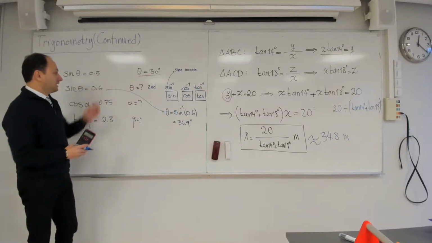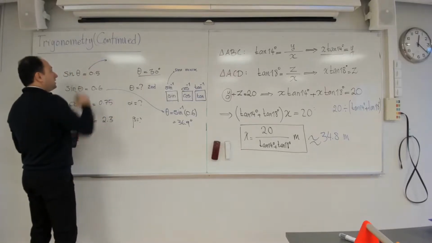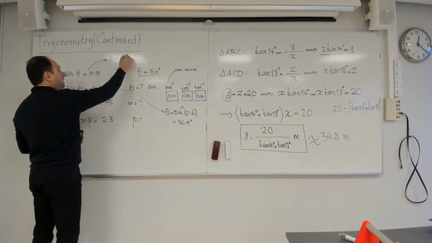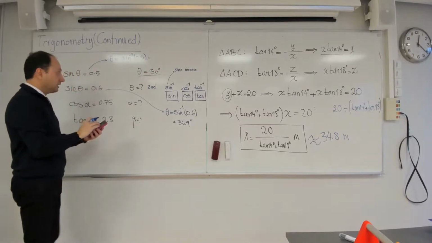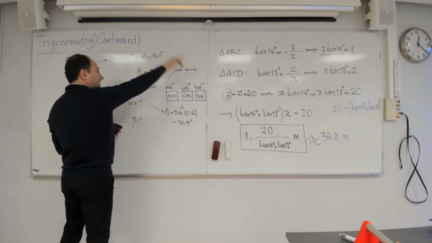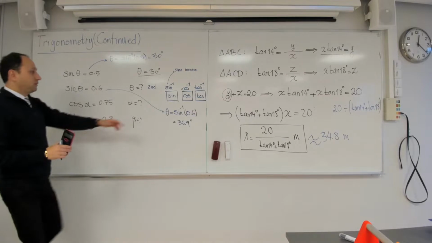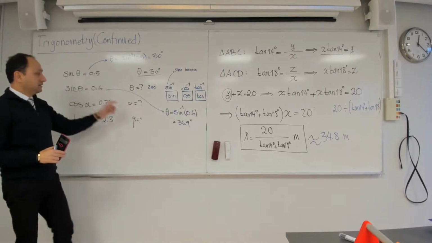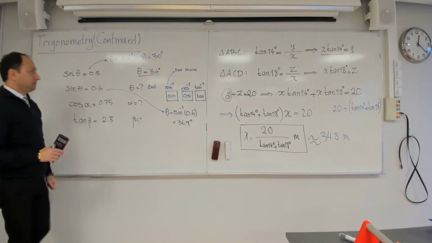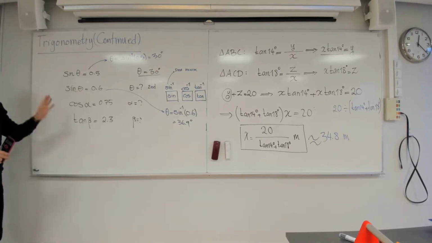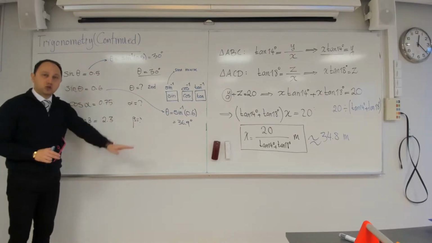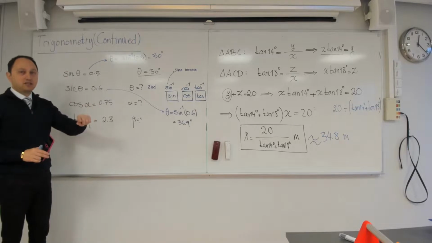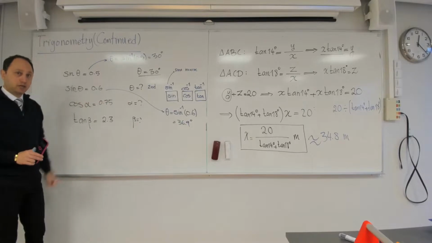For example, for this case, let us check. If I ask you what is theta here, you would say theta is sine inverse of 0.5. If I punch this in my calculator, you will get 30 degrees exactly. And you see that when I increase this number a little bit, the angle is also increasing a little bit. But this is not always the case. It might happen that I increase the angle, but the ratio goes down. For sine and tangent, this doesn't happen. For cosine, this happens if you are working between 0 and 90 degrees.